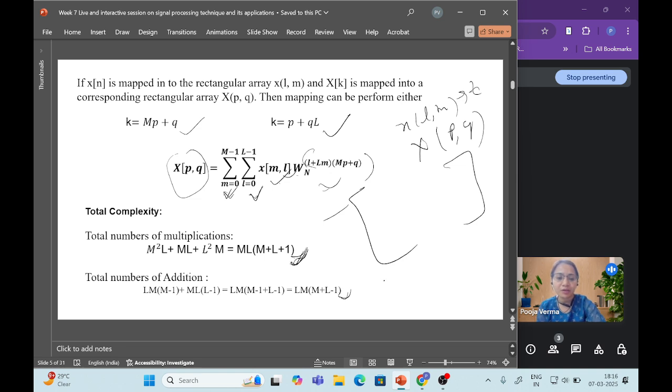While in DFT, when we are solving the direct formula, we have seen total multiplications required are N square, and additions N(N minus 1). So for the divide and conquer approach, we will require that much multiplication and addition.